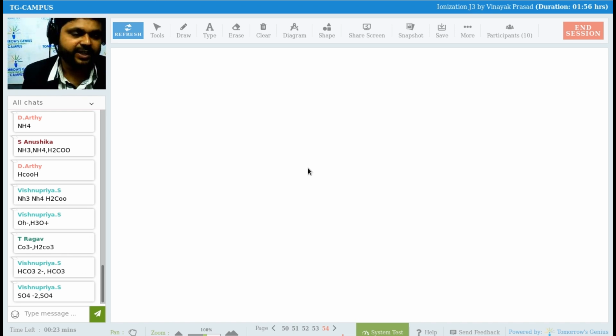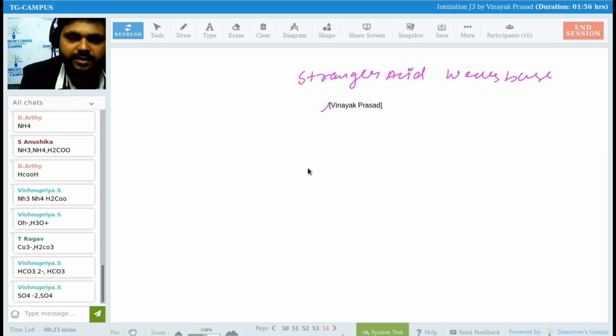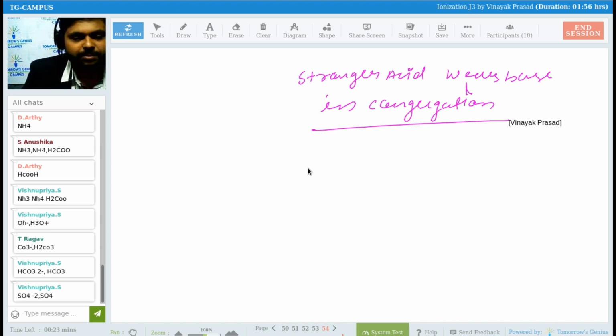And a stronger acid will be having a weak base in conjugation, a weak conjugate base. Is it okay? Any problem to anyone till here?